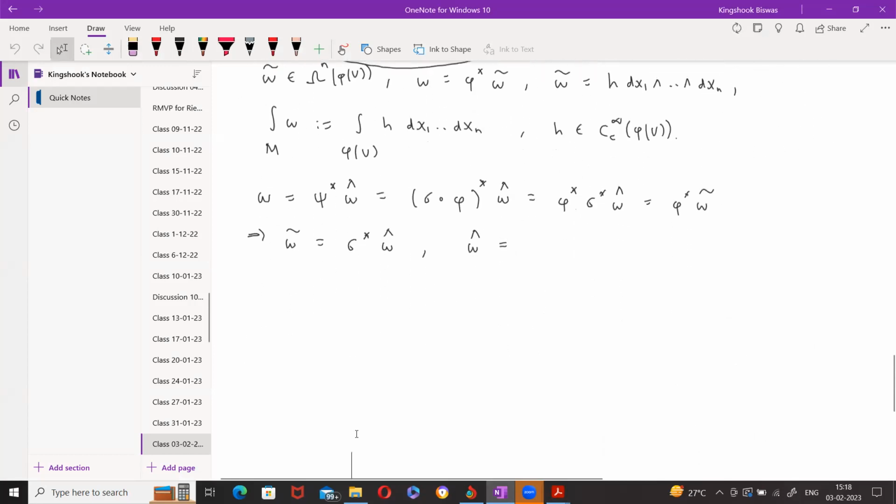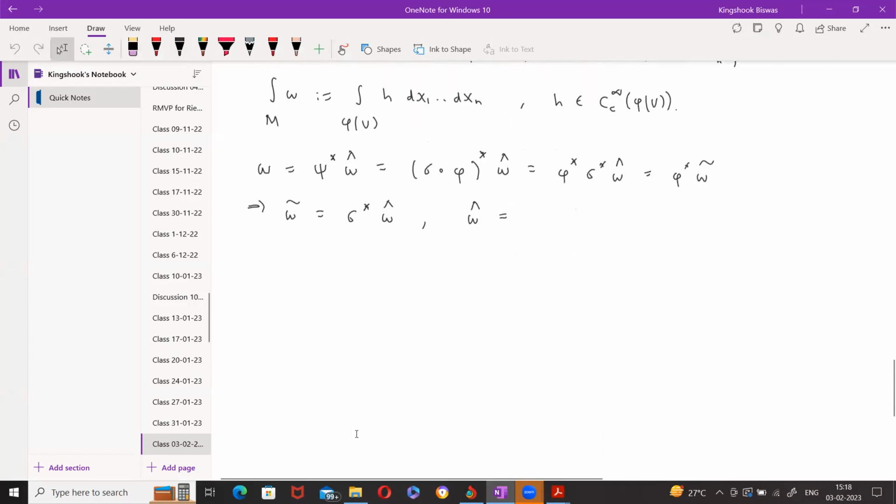So for example, say this manifold with boundary: you take a torus and you cut out a disk. Then this becomes a manifold with boundary.